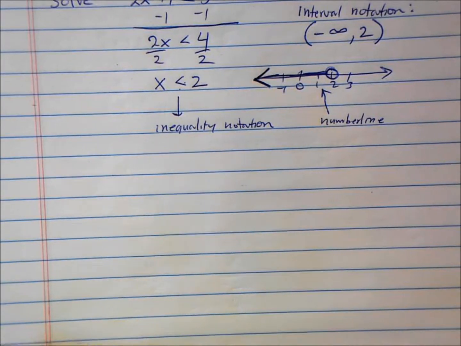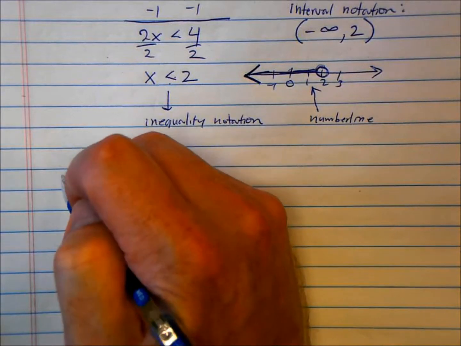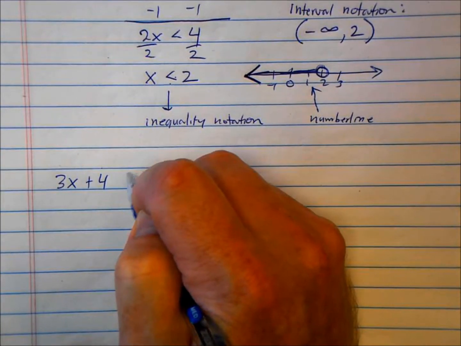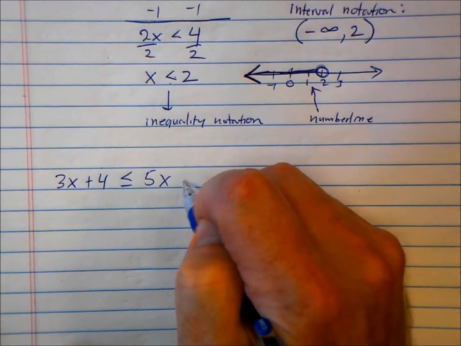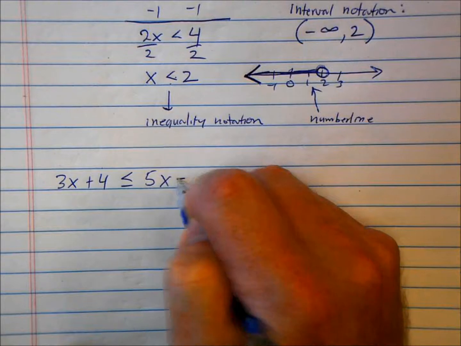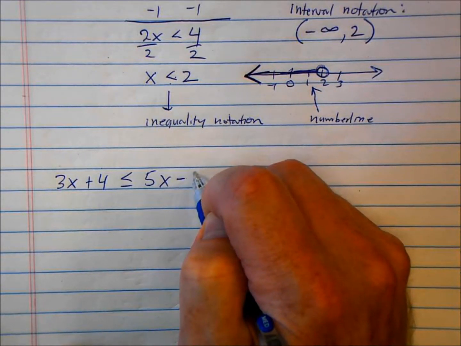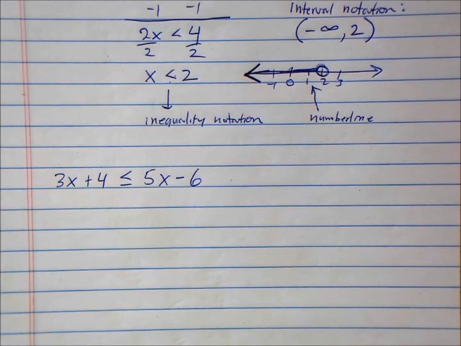All right, let's try another one then. How about 3x plus 4 is less than or equal to 5x minus 6, I guess is a good number.